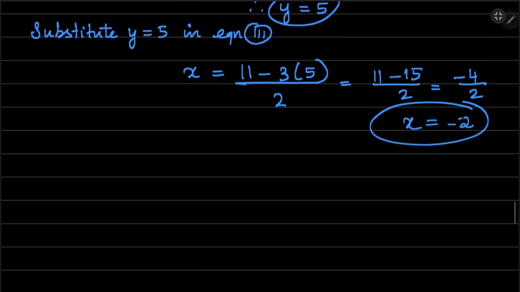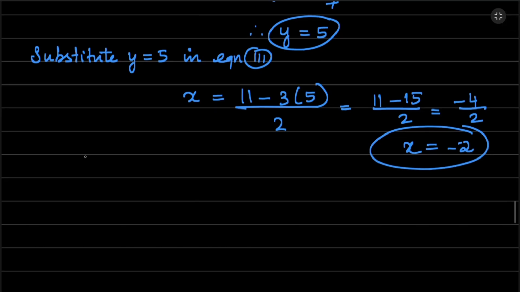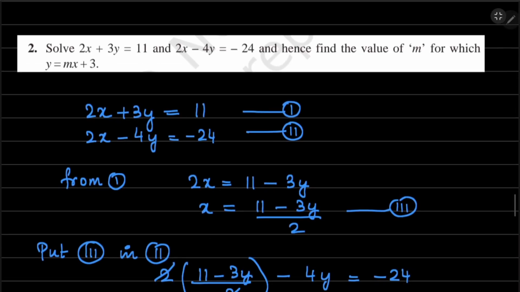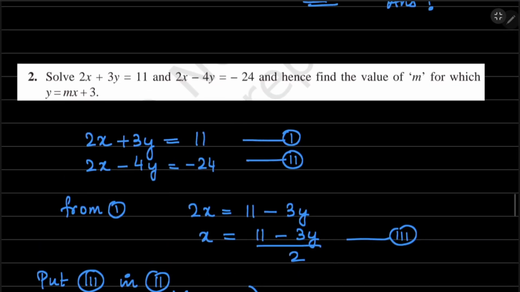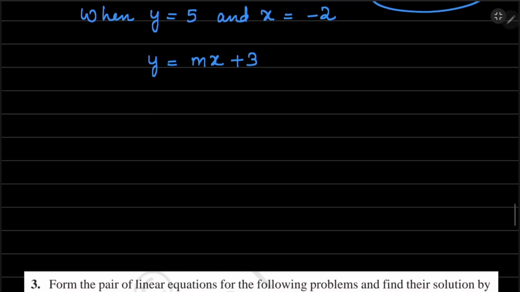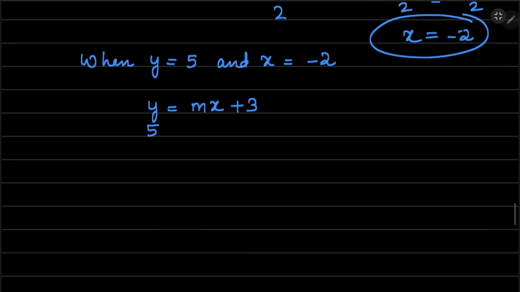So now write down. When y equal to 5 and x is equal to minus 2, the expression which is given is y equal to mx plus 3. You have to find the value of m, so let's substitute it here. y is nothing but 5 equal to m multiplied by x, which is minus 2, plus 3.